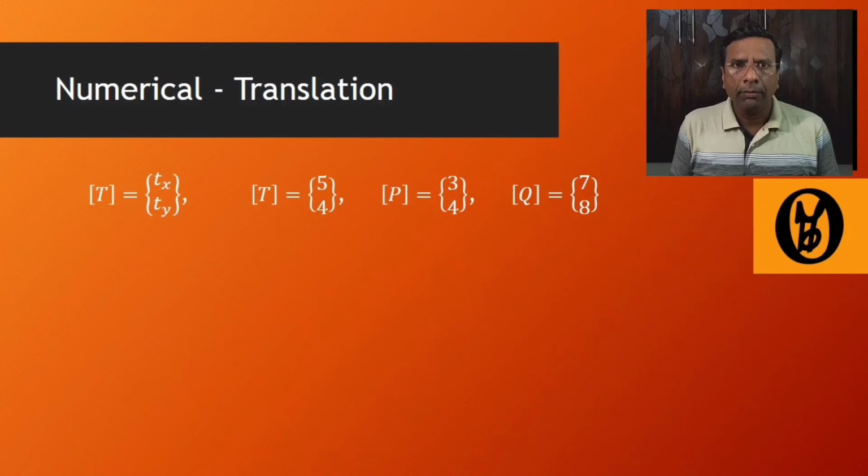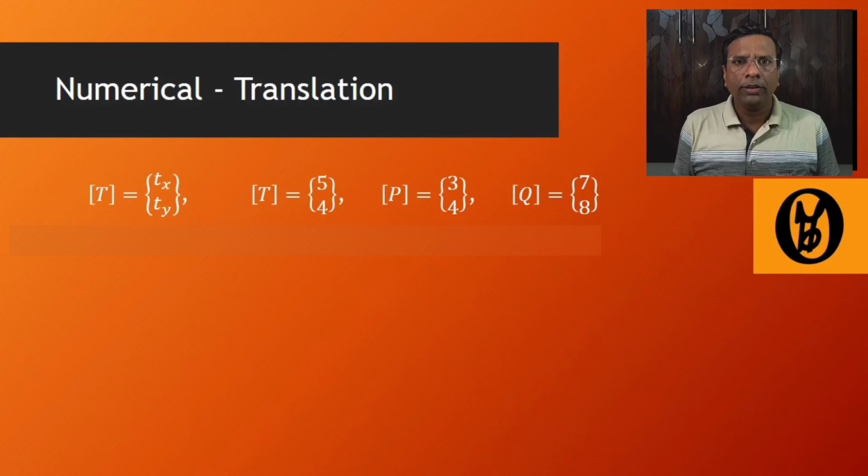The given data can be written as translation matrix Tx and Ty. Tx is 5 units and Ty is 4 units, and matrix P, that is the coordinate of point P, 3 and 4, and matrix Q, the coordinate of point Q, 7 and 8.